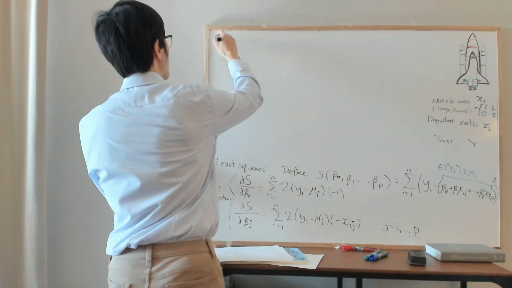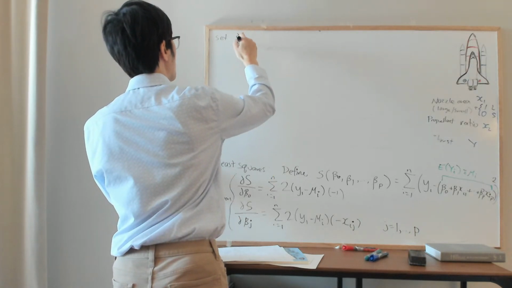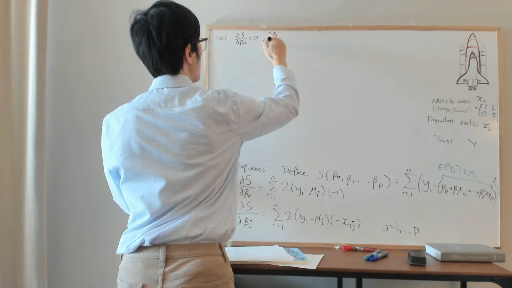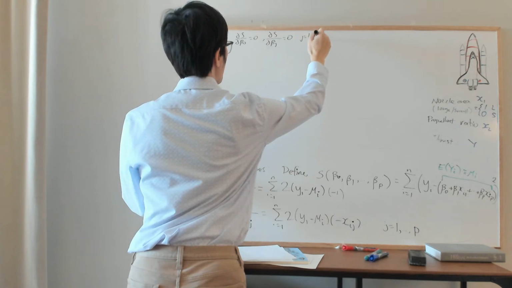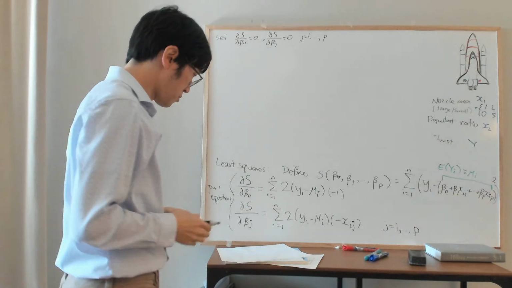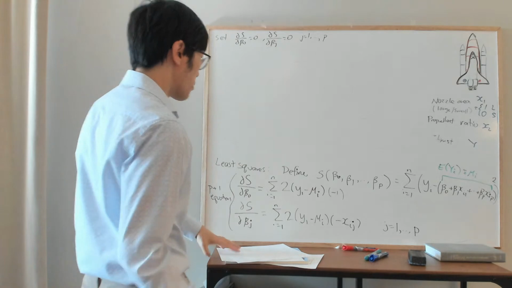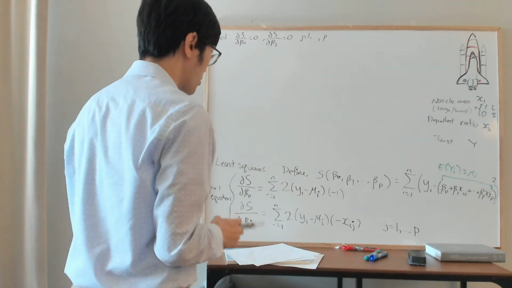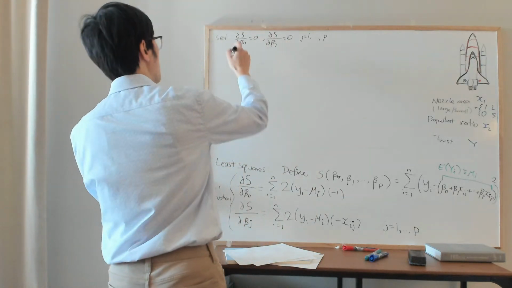Okay, so let's do that here. So we're going to set all these partials to 0. So what are the equations? Well, let's simplify a little bit. We can throw out the constants here. So that means we have these equations.